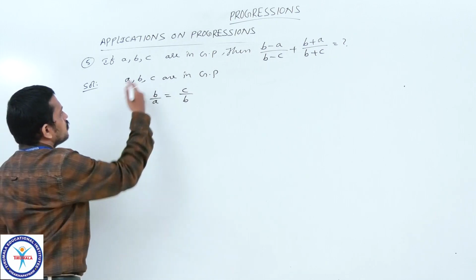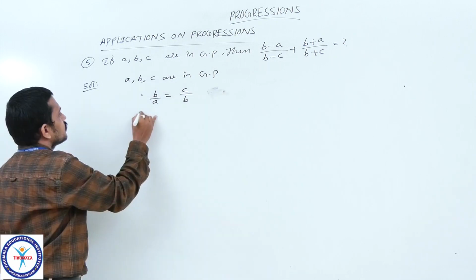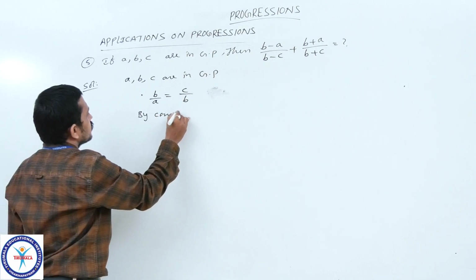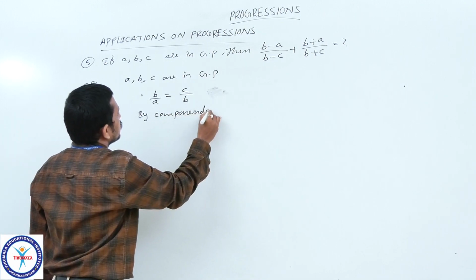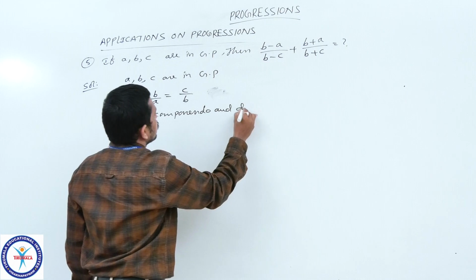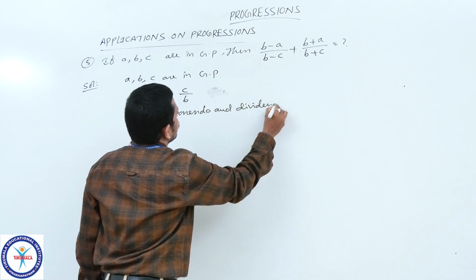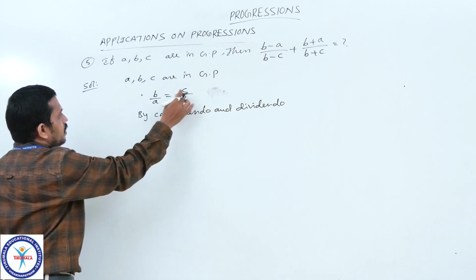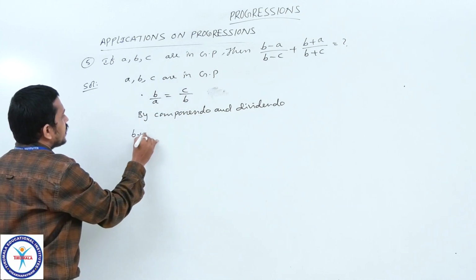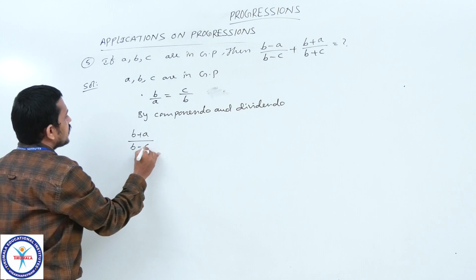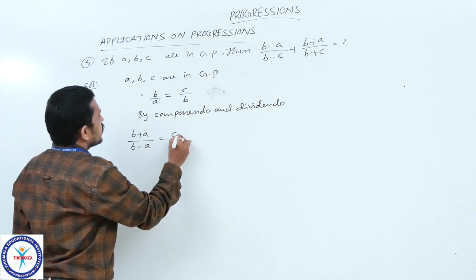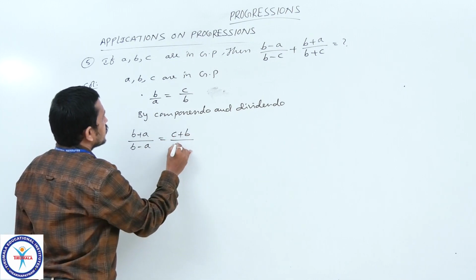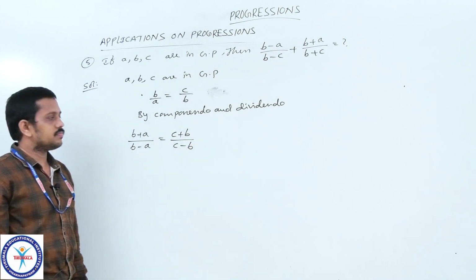Then by componendo and dividendo, b/a = c/b means (b + a)/(b − a) = (c + b)/(c − b).